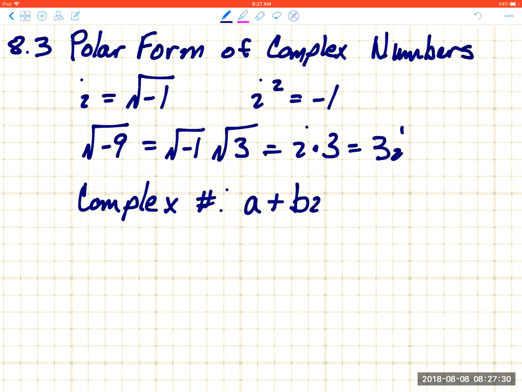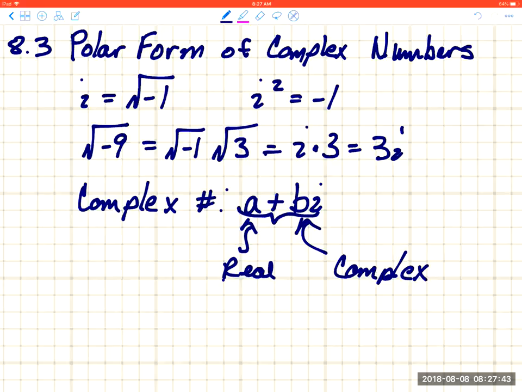So a plus bi. a is the real part. bi is the imaginary part. Now you'll notice this is a binomial, so we have to be careful when we're squaring it or multiplying these things together to realize that it's a binomial we're working with. So we have to FOIL and do all that good stuff that we do with binomials.